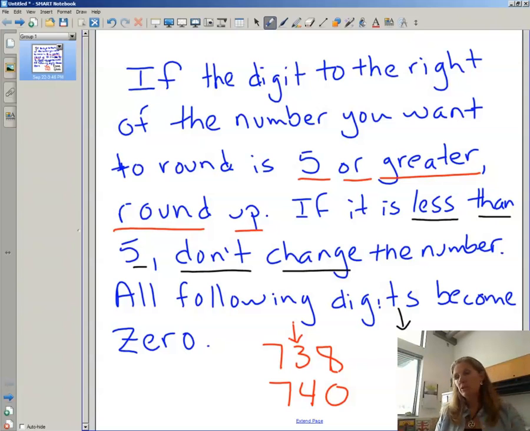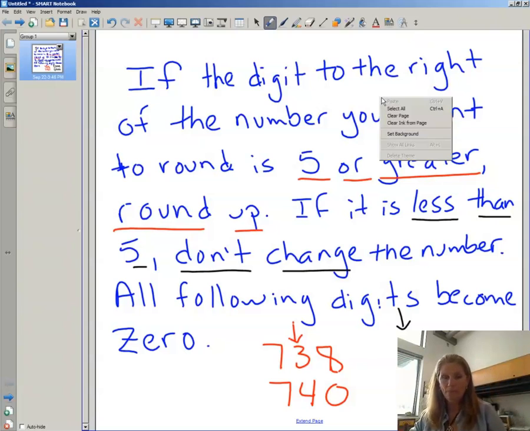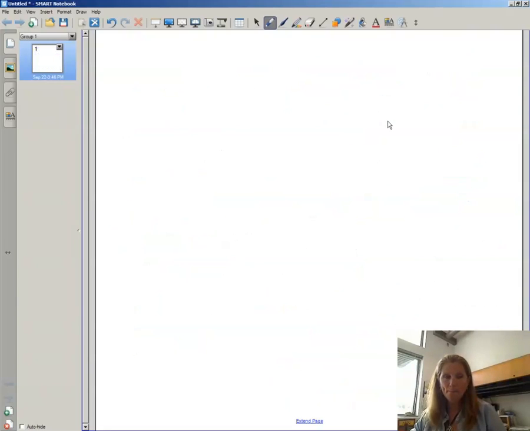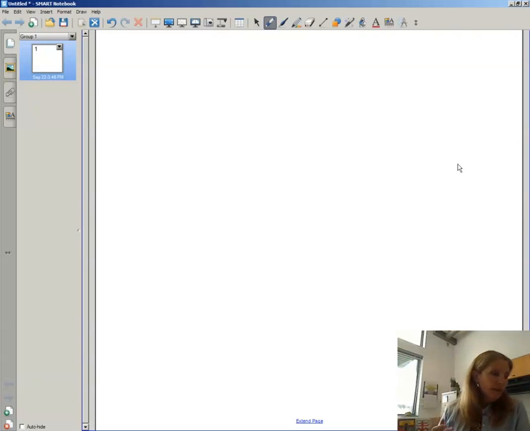So I'm going to clear this screen and start with a number. The first 5 problems on your practice sheet, if you have it out in front of you, are rounding. So feel free to work on those. Pause this, try those, come back.